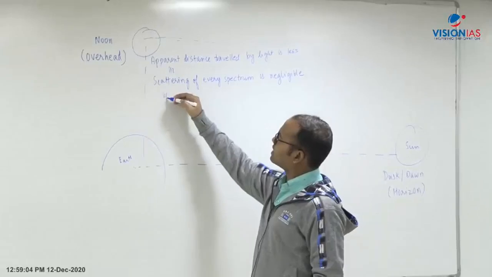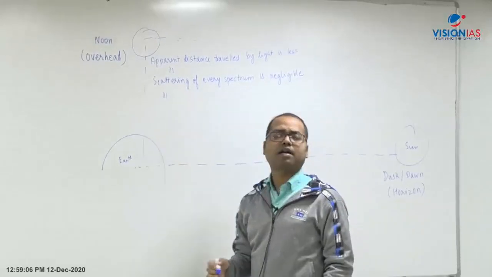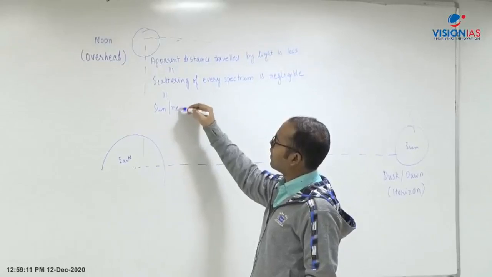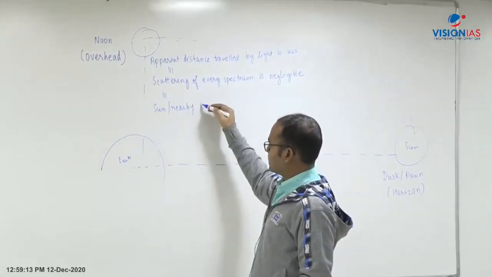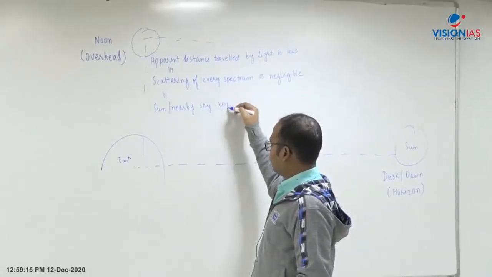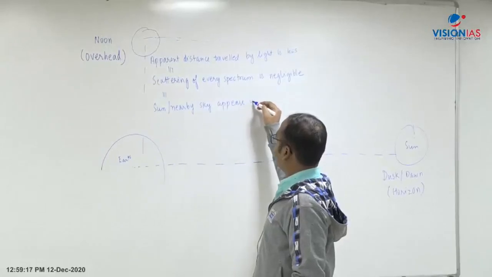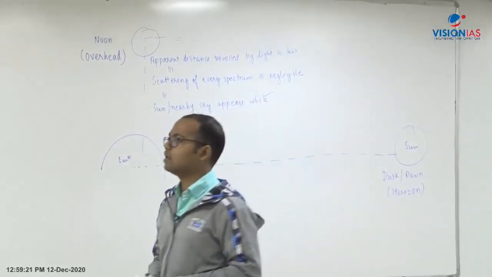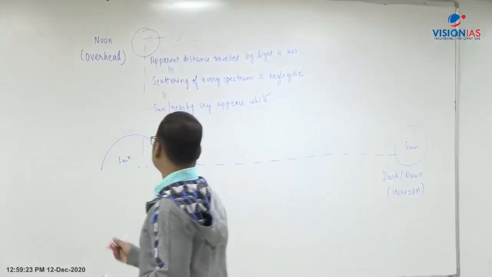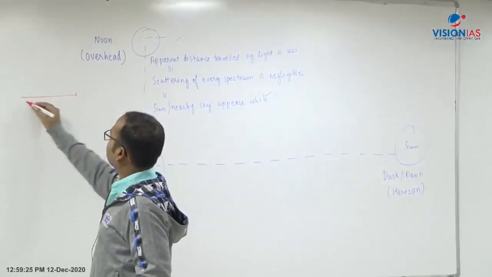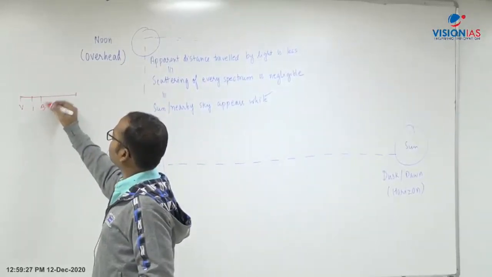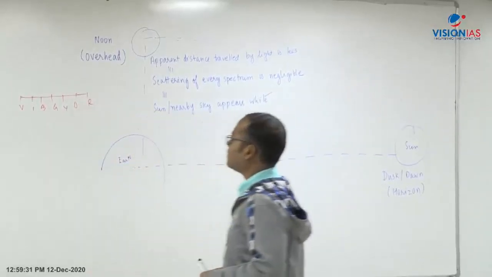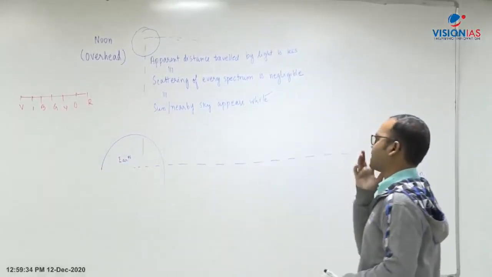Scattering is negligible means what? All colors will come together. So the sun or nearby sky appears white. Every color comes together, so there is nothing.